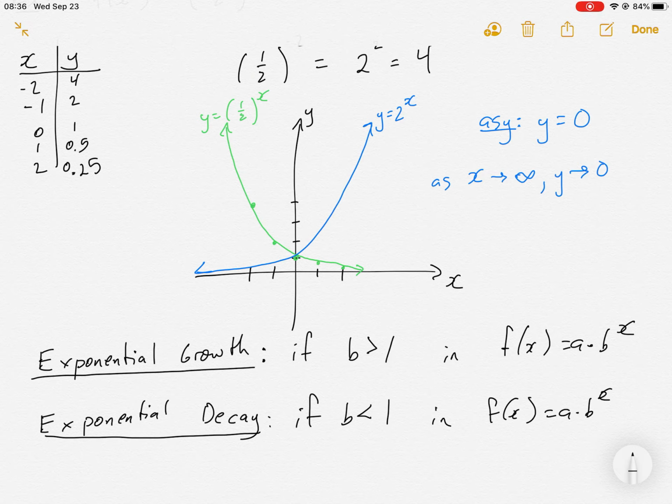So this is going to be pretty important for you guys to notice. When you're given an exponential equation or graph, it'll be important to be able to quickly identify if it's exponential growth or exponential decay.